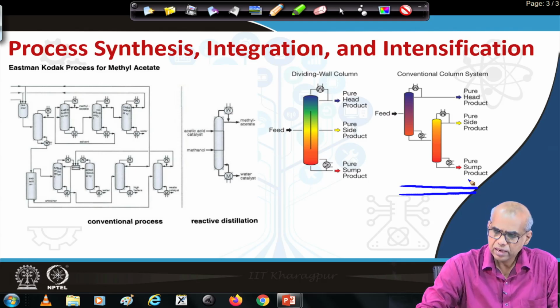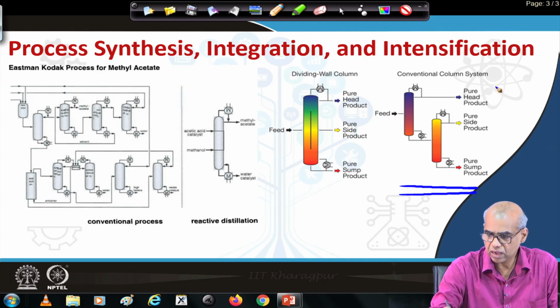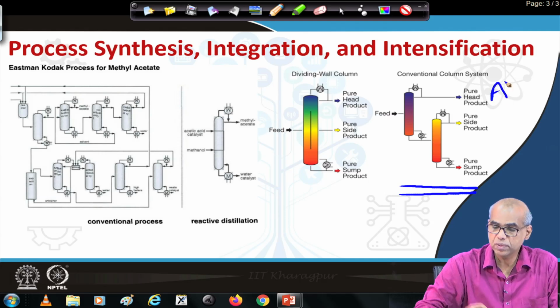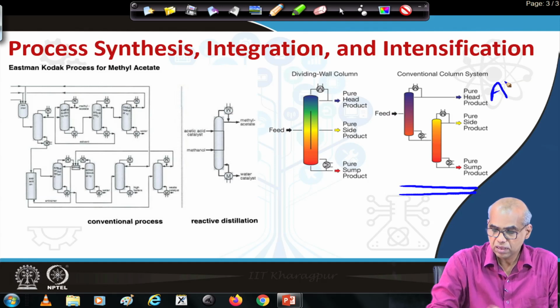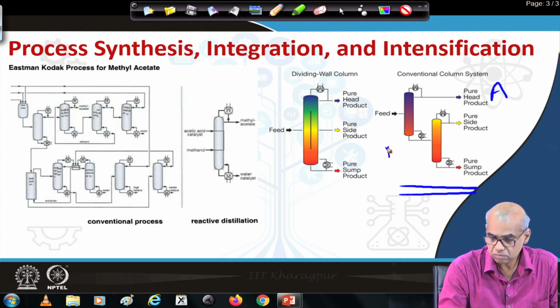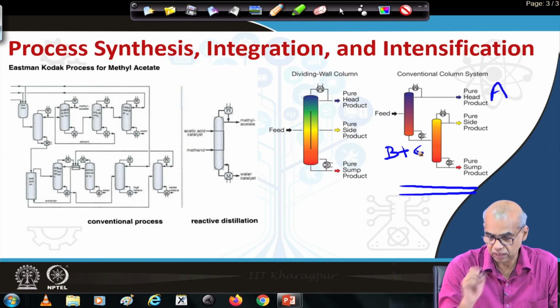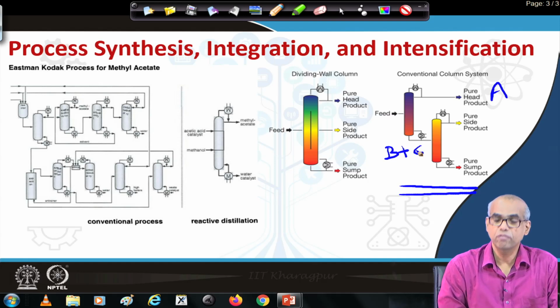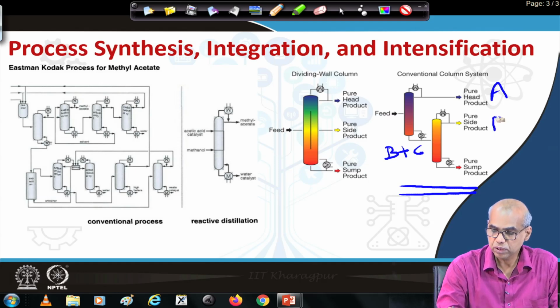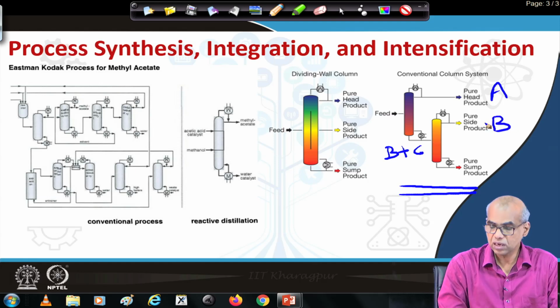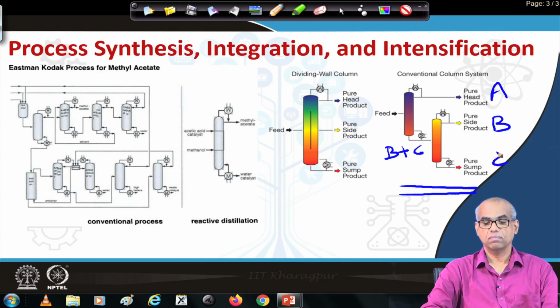What we can do is, let us say I first take out A from the top of the first distillation column and the bottom product contains B and C. So, B and C is being fed to the second distillation column and B comes from the top of the second distillation column and C comes from the bottom of the second distillation column.